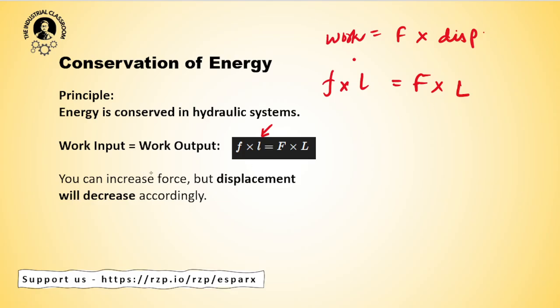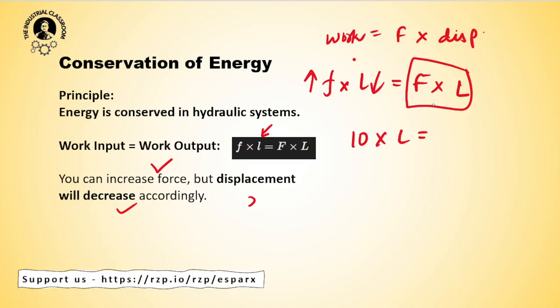So we can also say that force can be increased but displacement will decrease accordingly, because F into L is equal to capital F into capital L. What it says is that if the force increases, L has to decrease to keep this constant, right? For example, 10 into L is equal to, let us consider the larger force is 20 and the displacement is 5. So what will be the value of L here?